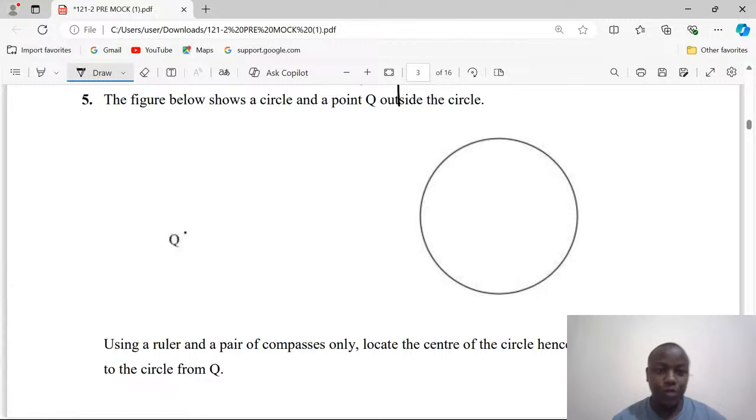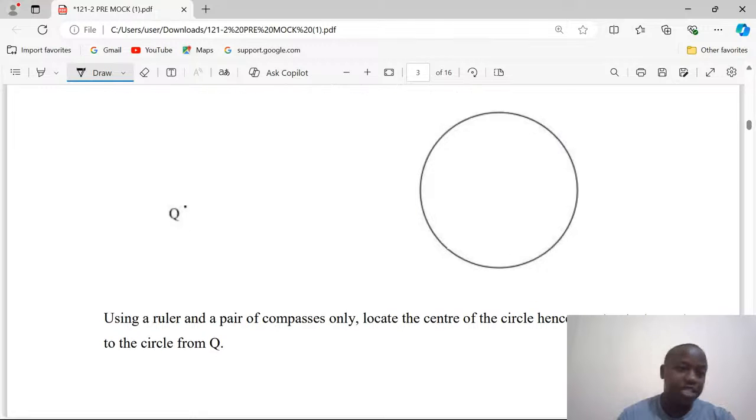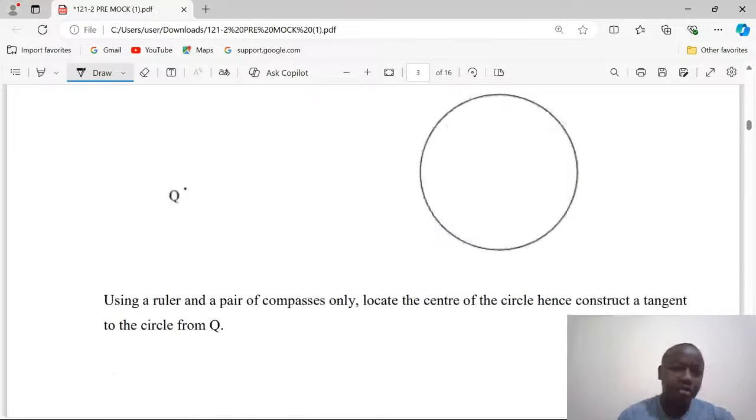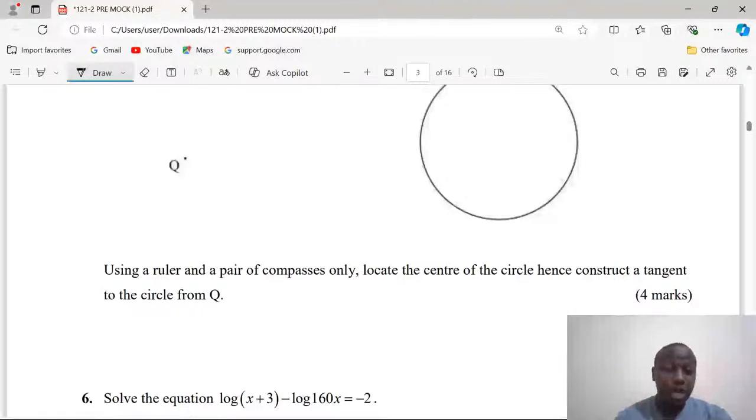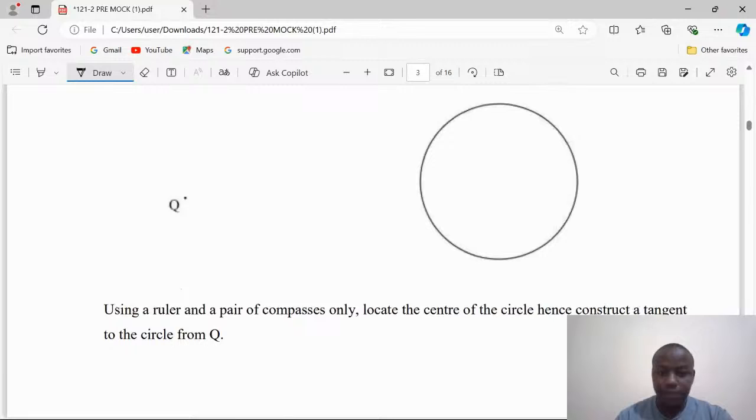The figure below shows a circle and a point Q outside the circle. Using a ruler and a pair of compasses, locate the center of the circle, hence construct a tangent to the circle from Q.